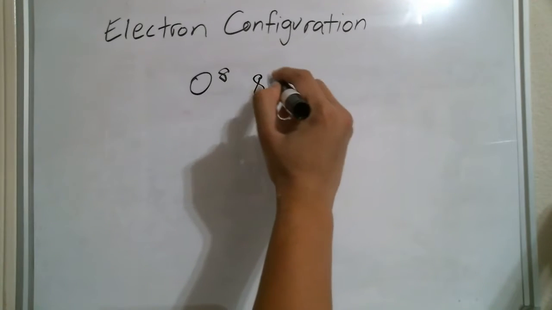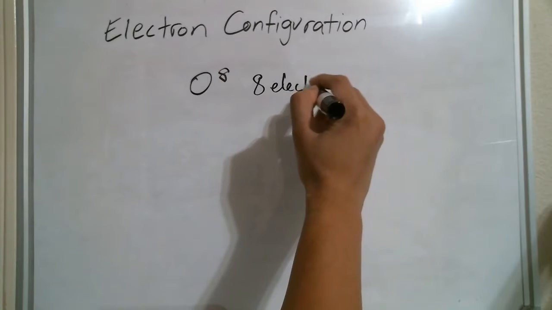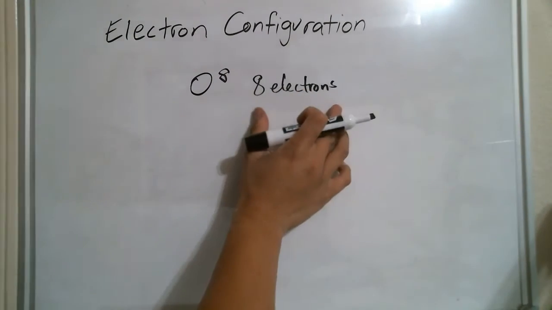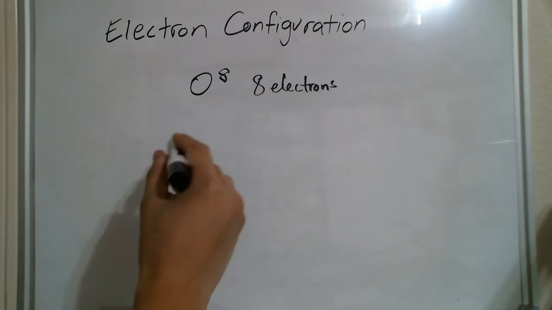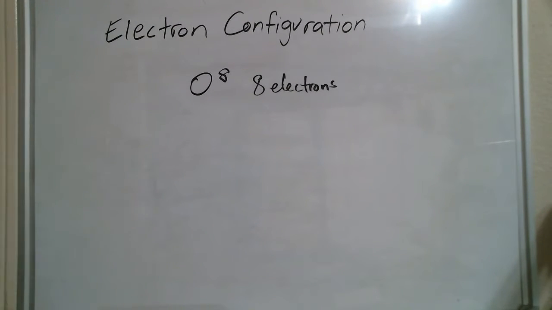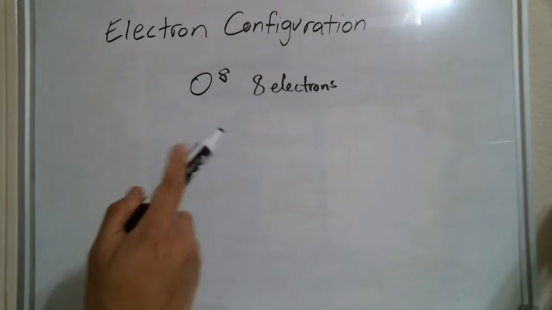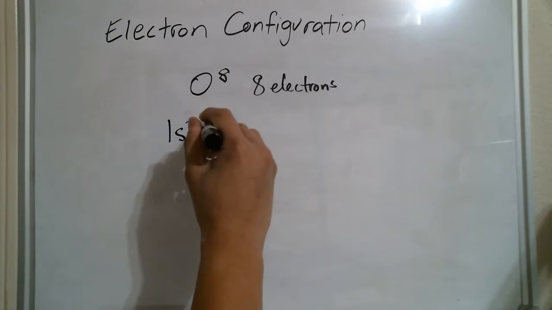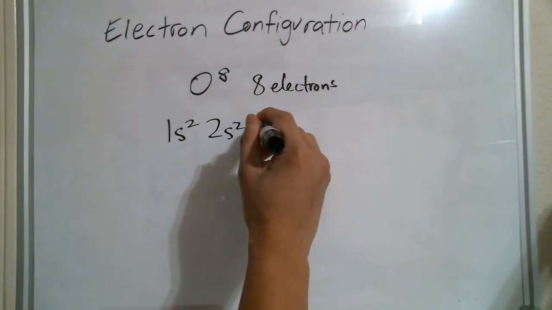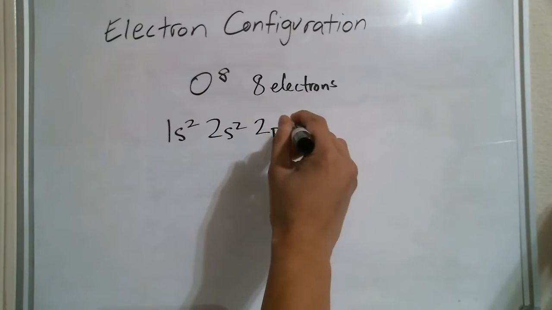It should have 8 electrons if it's a neutral atom. So with 8 electrons, let's write it out in electron configuration. I don't expect you to know this if you haven't seen it before. The electron configuration for oxygen is 1s2, 2s2, and 2p4.